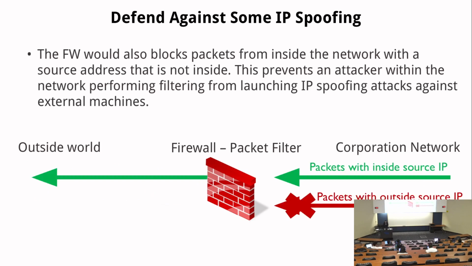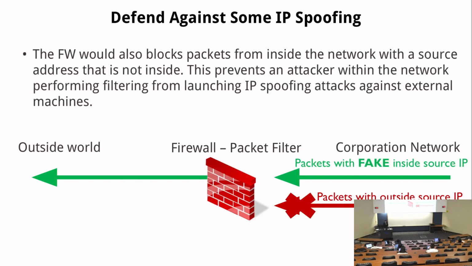Also, the firewall can block packets from inside of the network that try to spoof an IP address outside the network. But the same thing, if an inside attacker just tries to spoof an inside IP address, the firewall cannot really detect this is a fake packet.